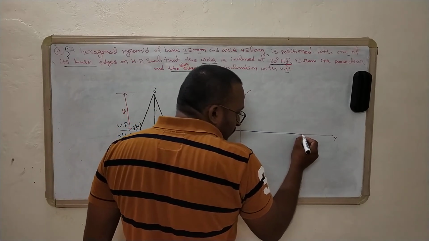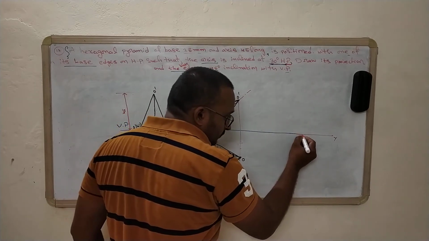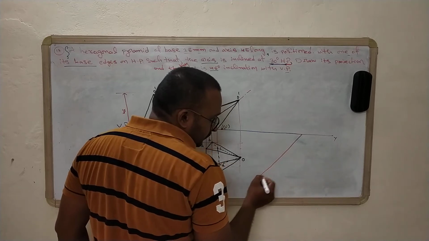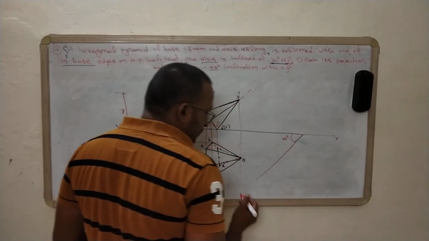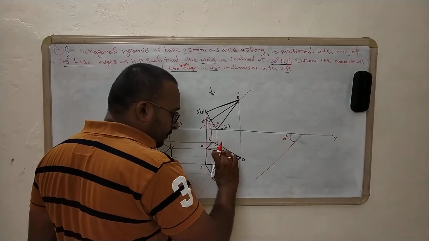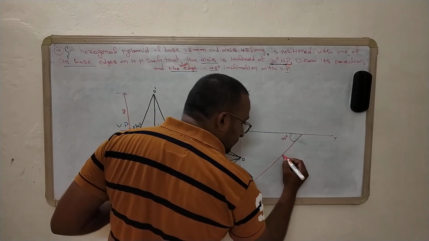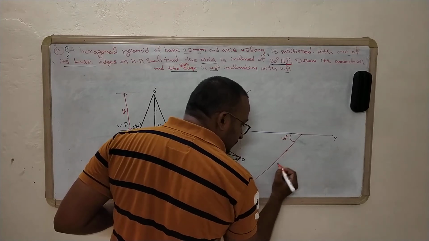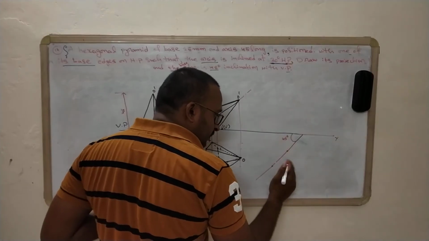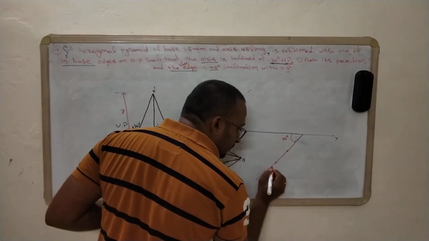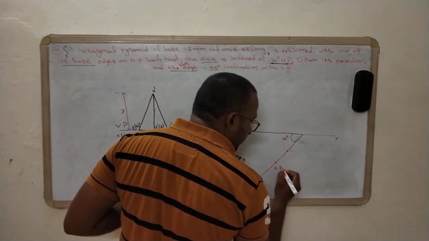So here is the 45 degrees inclination line to the XY line. Here on that particular portion we should start with the CD. So here it is C, D, the distance should be measured and placed over here, and then here it is the C, D.